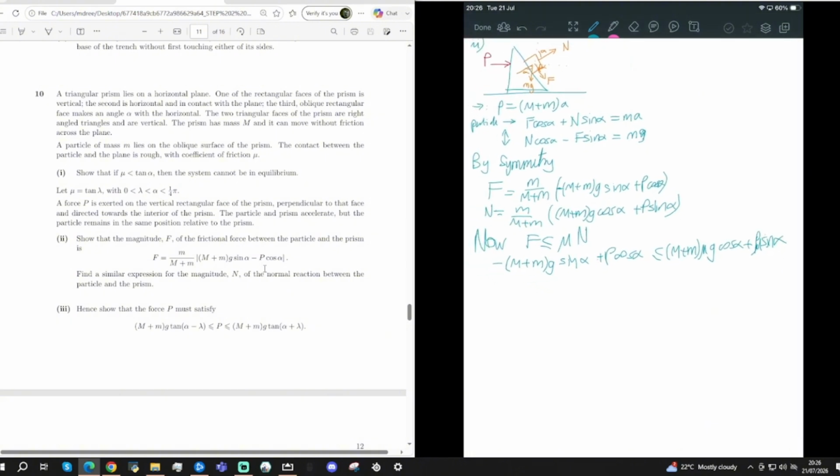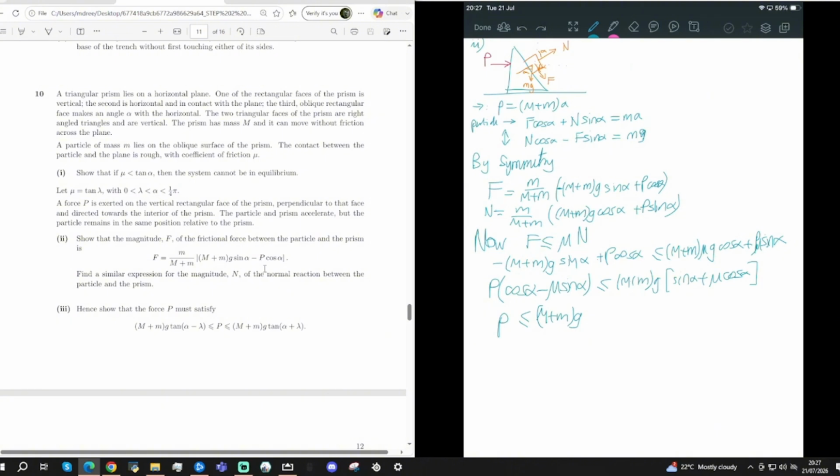Okay, yeah, we're going to have the sign difference now, and now we're looking for an upper bound. So I want to put P on this side. So P cos alpha minus mu sine alpha is less than or equal to (M plus m) g, and on this side I've now got sine plus mu cos. So P is less than or equal to (M plus m) g.